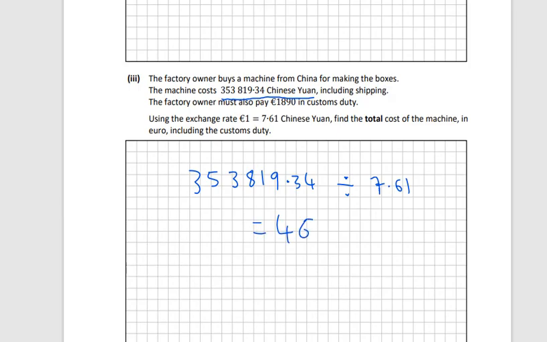That's 46494. And we just have to add on the customs duty to that, which is 1890, and we get 48,384.